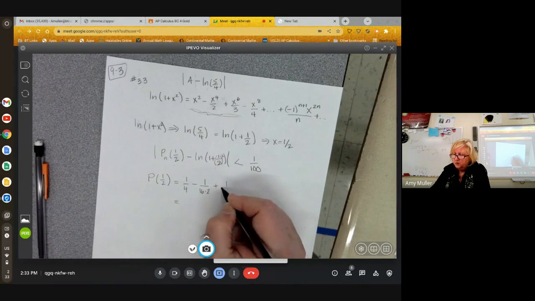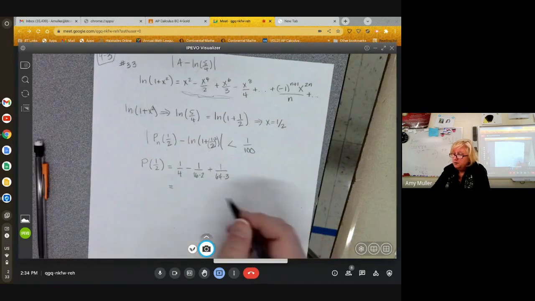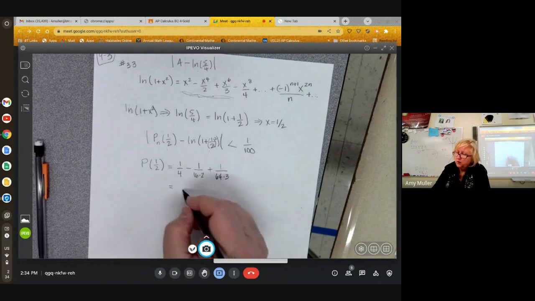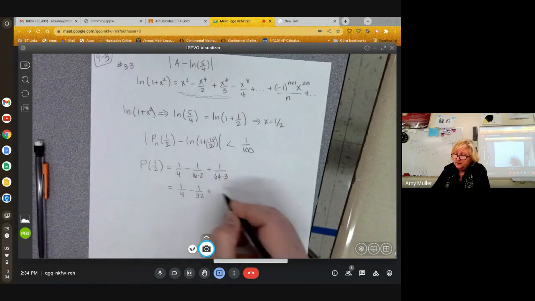Plus 1 over 2 to the 6th, which is 64, over 3. That's probably too big, right? Anyway, these are what we're going to work with here. So what's 1/4 minus 1/32 plus, what is that?